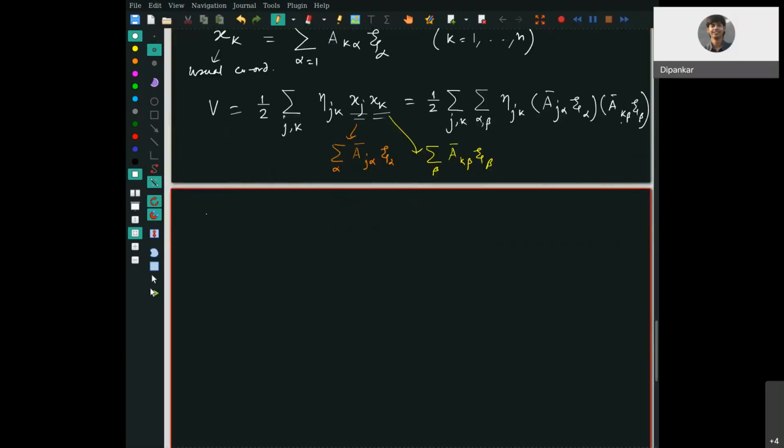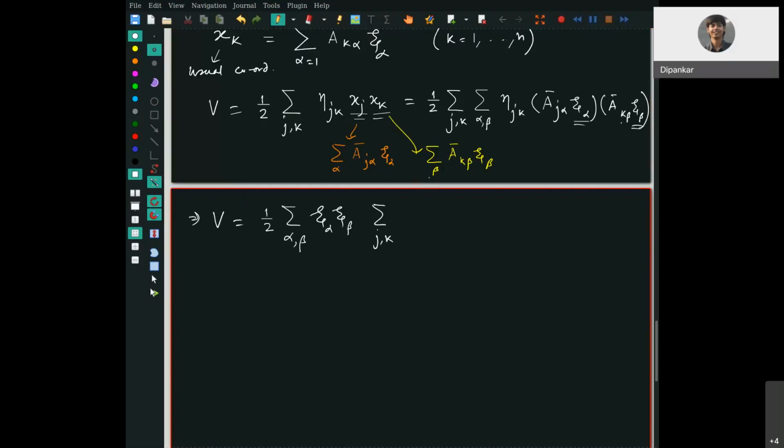Okay, so now if I write V equals half, I interchange the summation. First I write summation over alpha beta, then I take out xi alpha xi beta, because these things do not depend on the summation over j and k, so I can take this product out. Now I have this summation over jk.